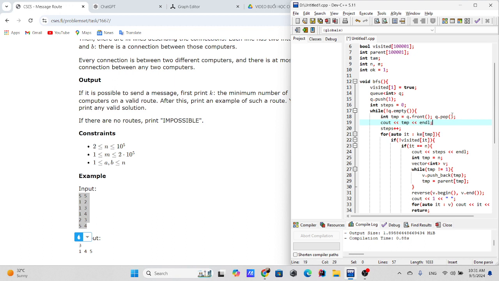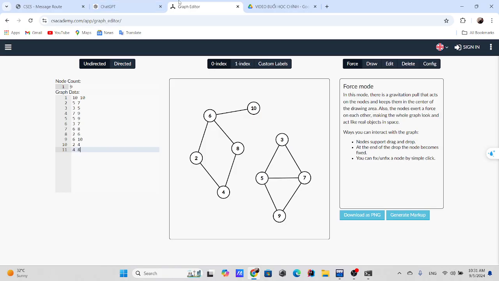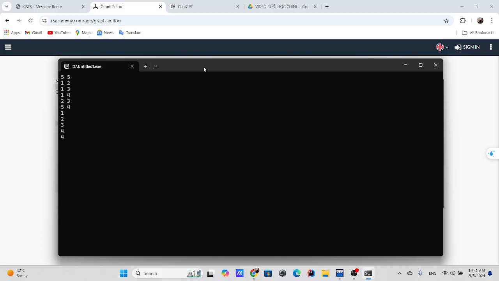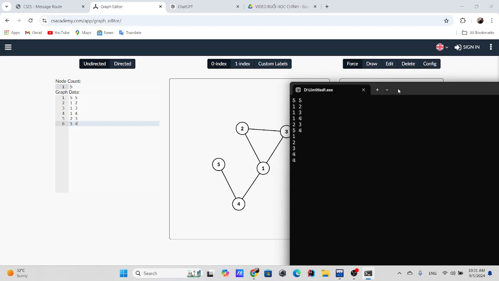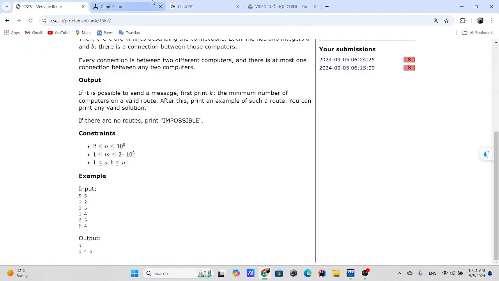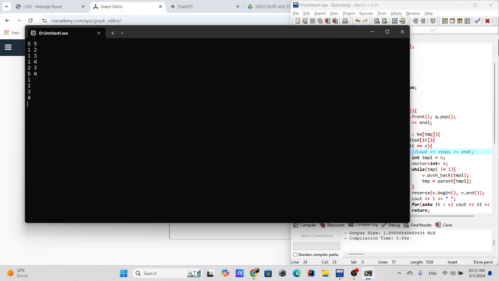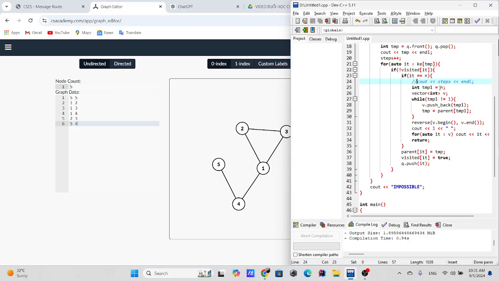Temporary. 1, 2, 3, 4, 4. That's not true. 1, 2, 3, 4, 4 steps.